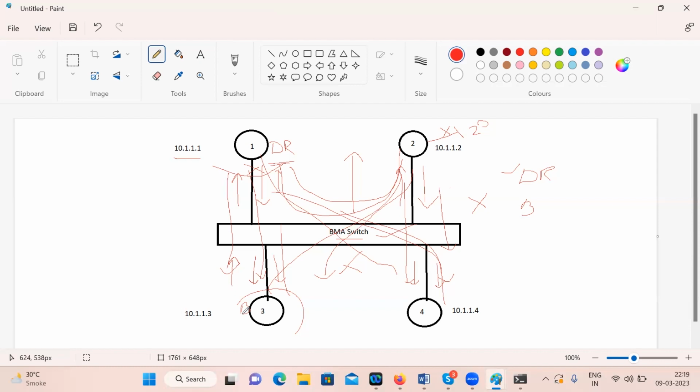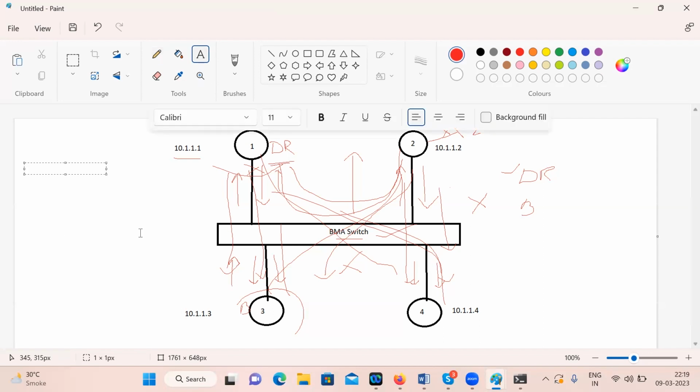Now let me explain what the condition or criteria is to be a DR router, if you are not making it forcefully. The first condition is the highest priority.